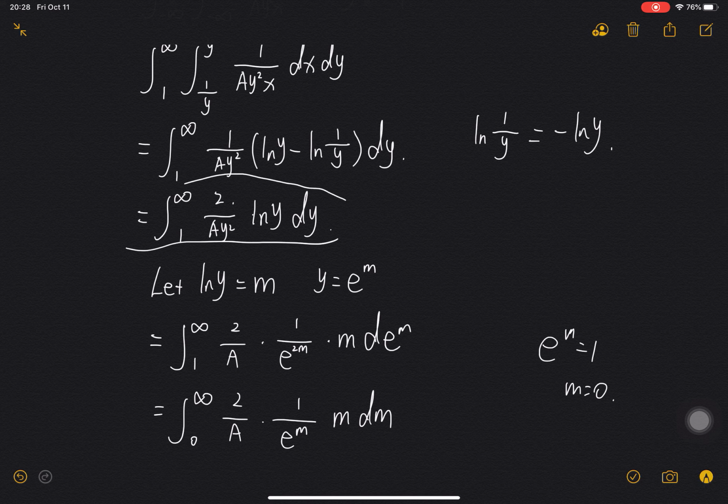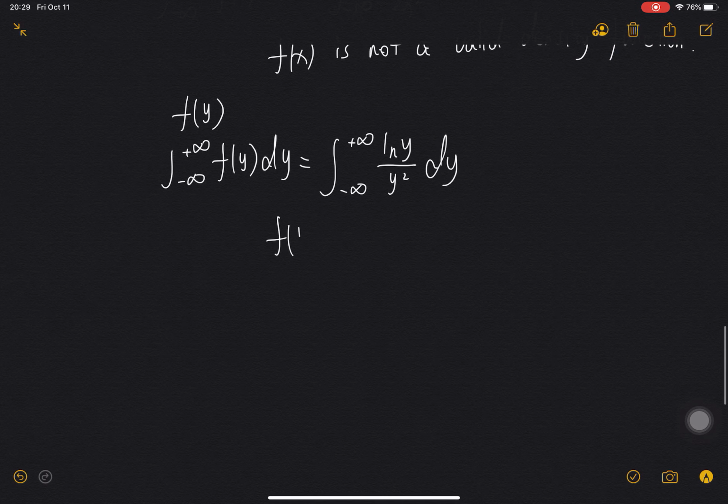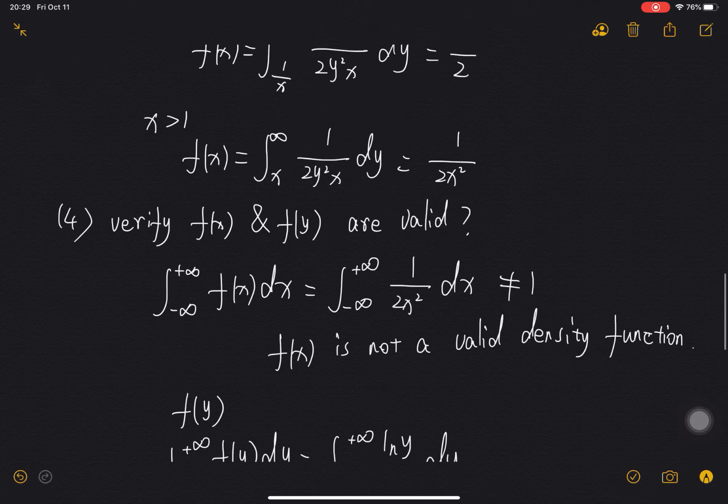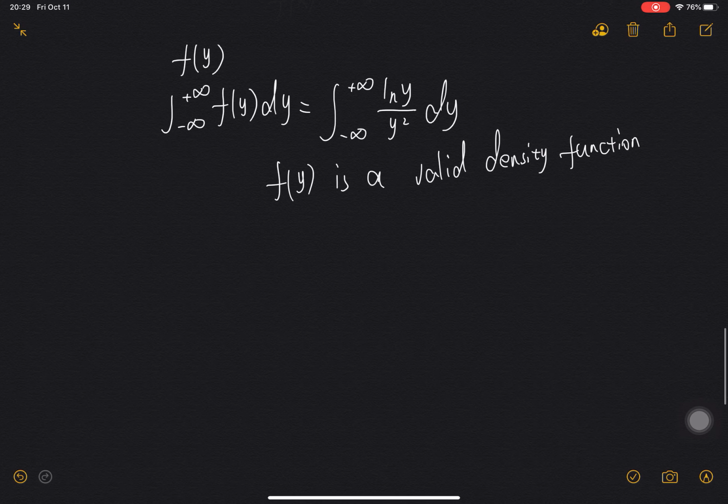Because we know that this part is a valid density function, and the result of this integral is 1. So f_Y is a valid density function, and it has been proved in question 2. Alright, that's all about the video homework. Thank you for watching.